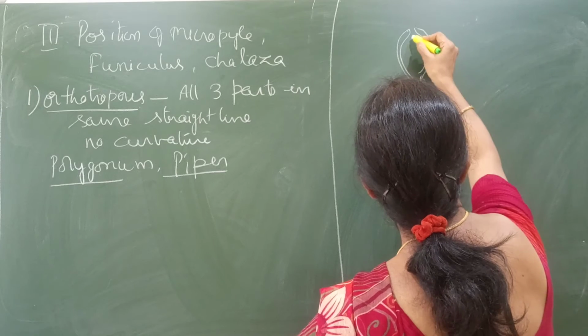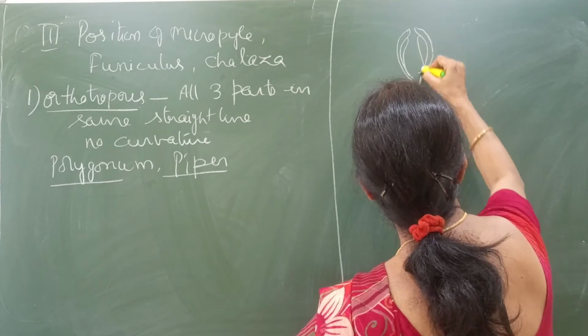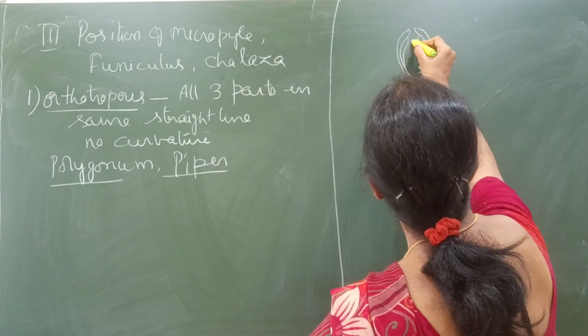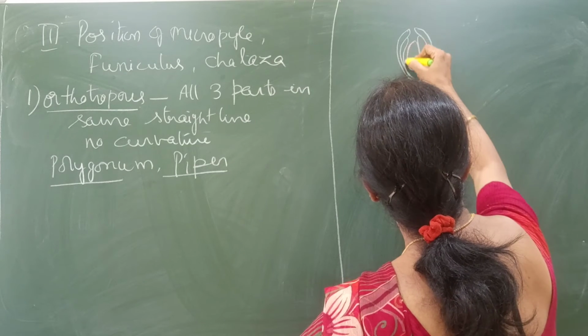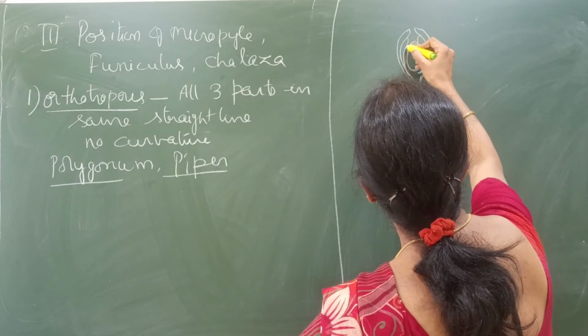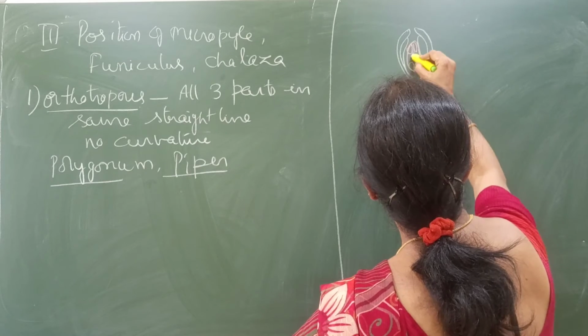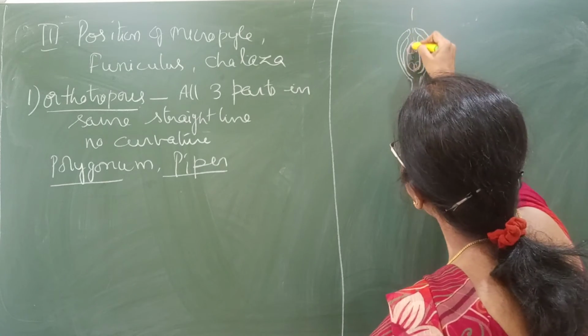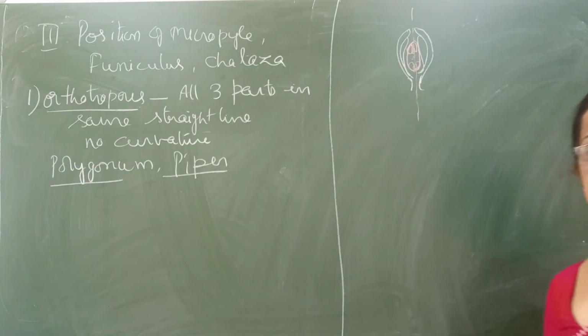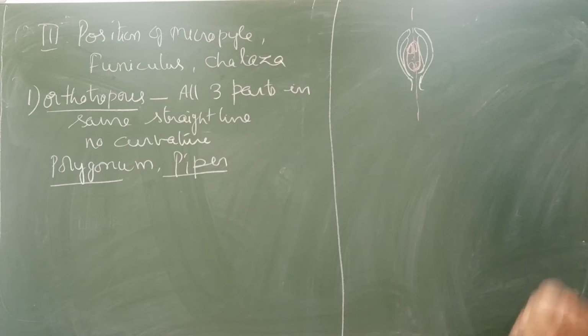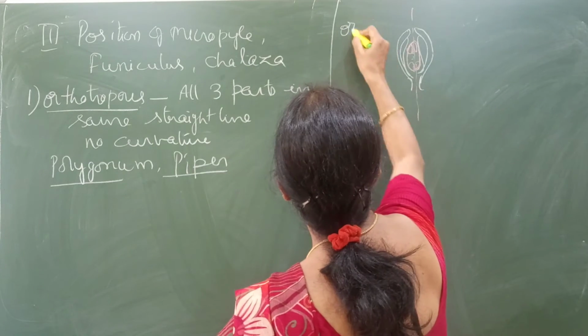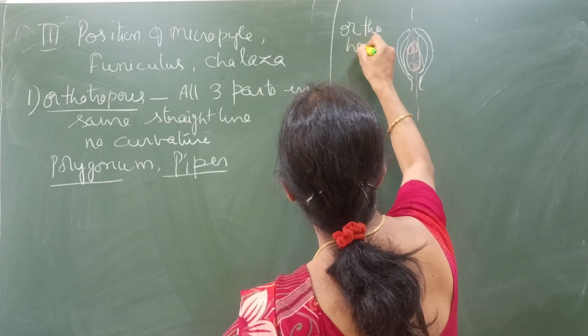The integuments, then micropyle and chalaza, with an embryo sac in between. When they are all in the same straight line, you call it an orthotropous ovule.